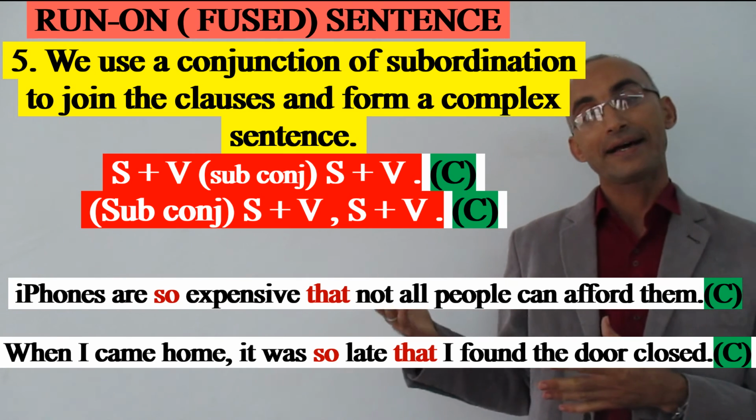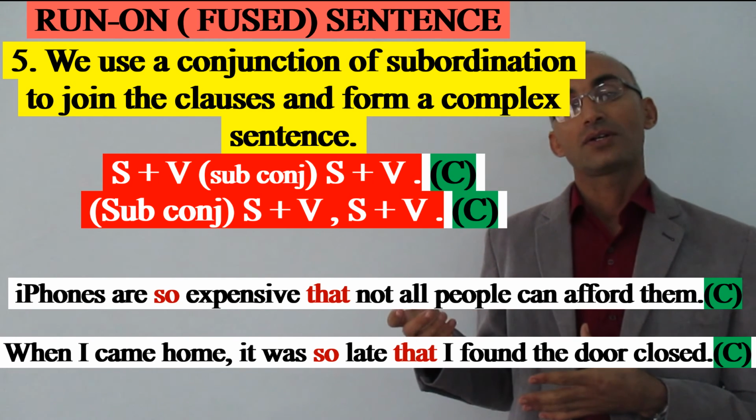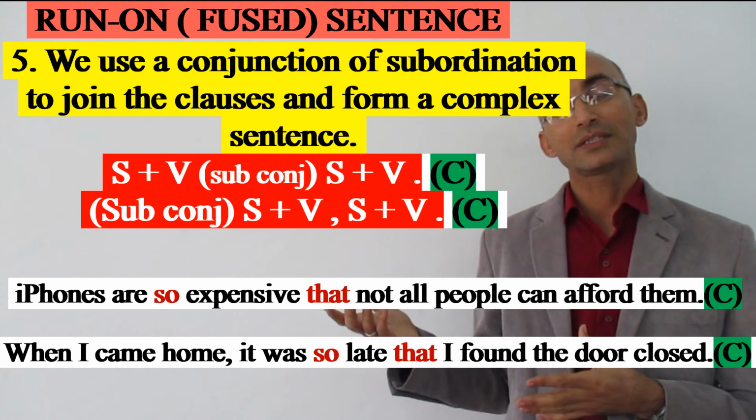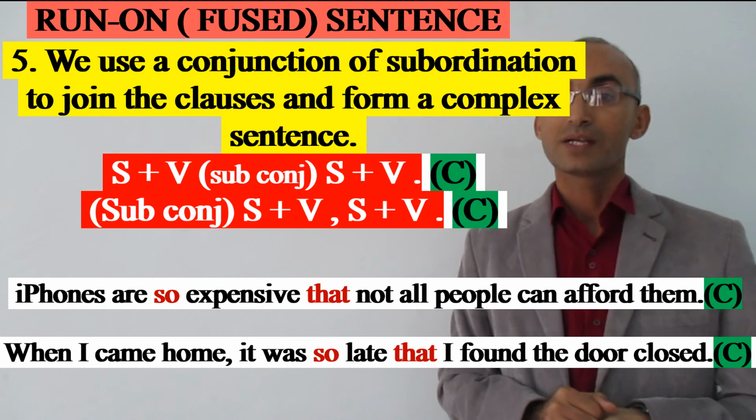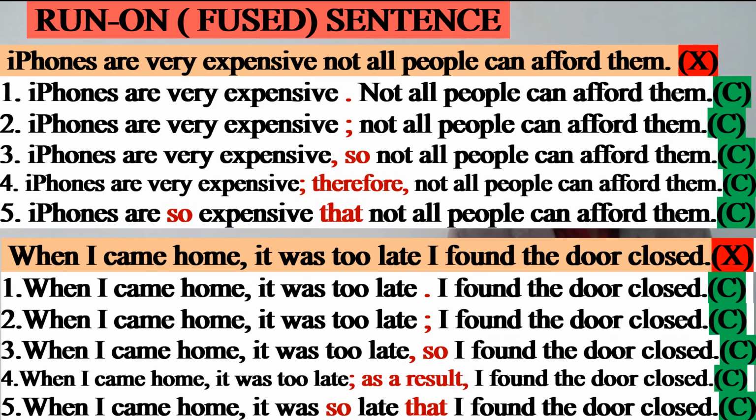So here I have corrected this sentence error and this faulty sentence using a conjunction of subordination, and I turn my sentence into a complex sentence. Clear? So these are the 5 ways you should follow.